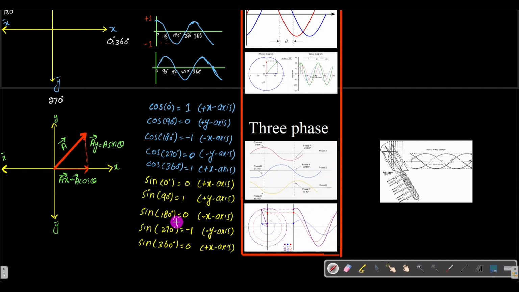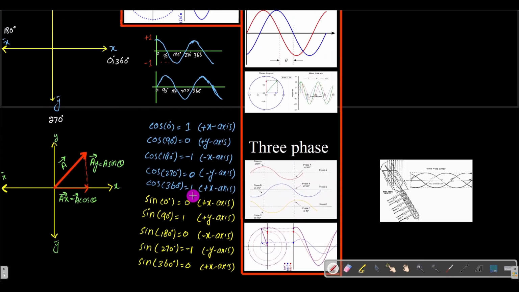So if we plot this sine graph, at 0 it gives us the 0 value. At 90 it gives us the maximum value. At 180 it gives us again the 0 value. At 270 it gives us the negative value, on this side. So here that is -1, and at 360 we have again the 0 value.